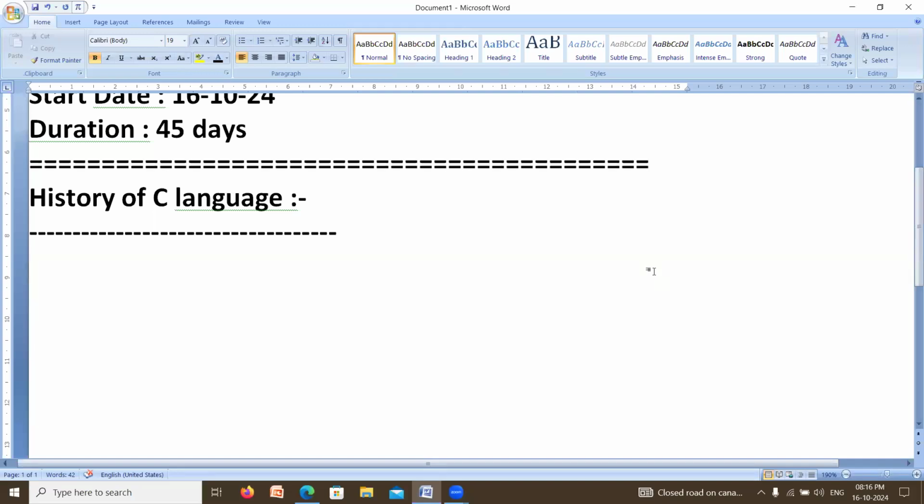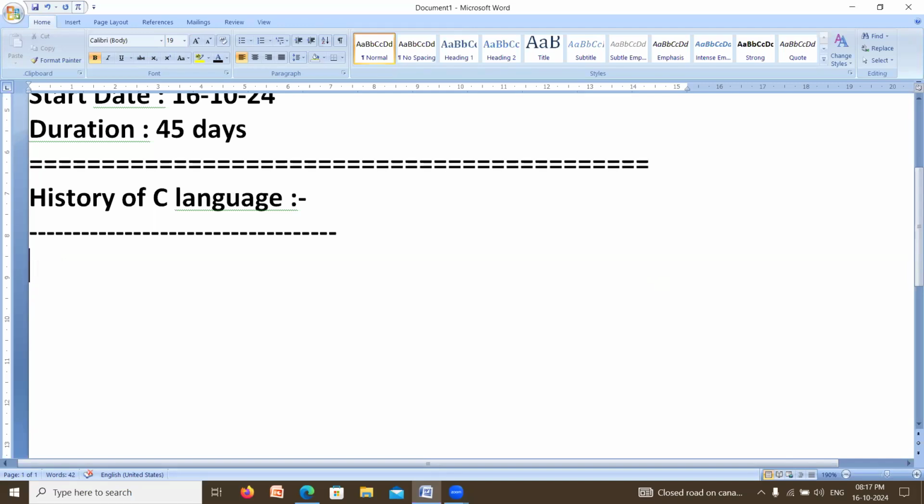Low-level languages means those need to be written in machine language. Machine language contains only zeros and ones. You need to write the total code in the form of zeros and ones. It is hard to understand. So many people don't like to learn this language.